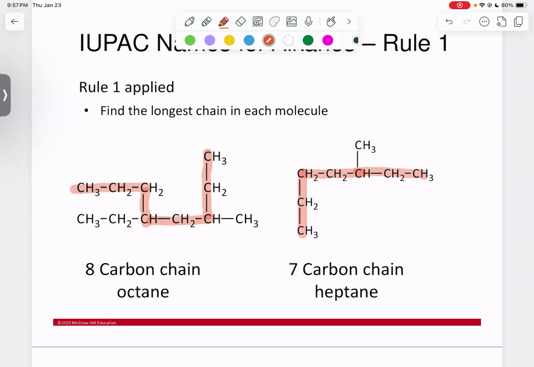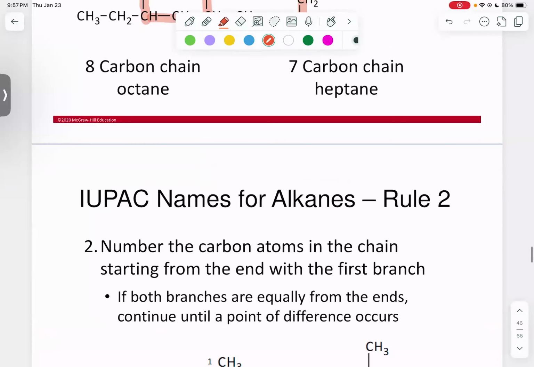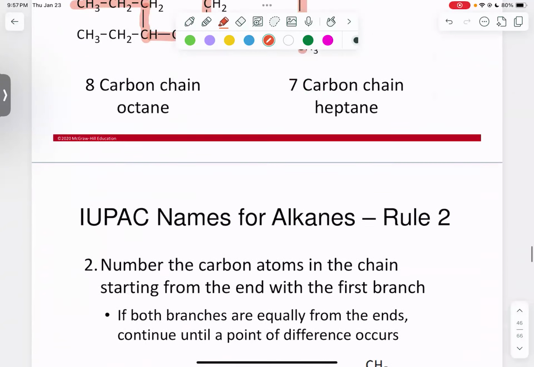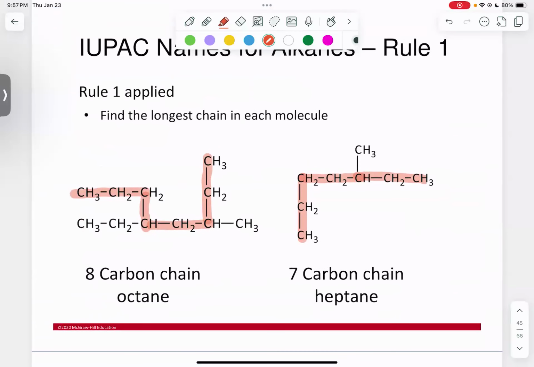Your next step is going to be to number the carbons in the parent chain. And so they have numbers, and I don't want you to see the numbers yet. So what I want to know is, do I start with number 1 on this end, or do I start with number 1 on this end?